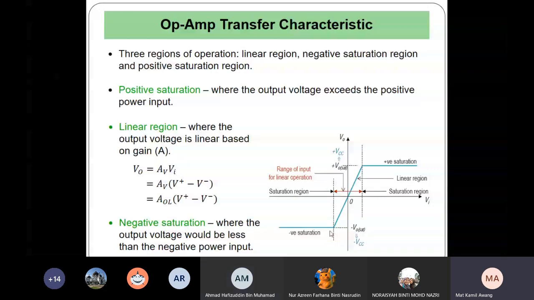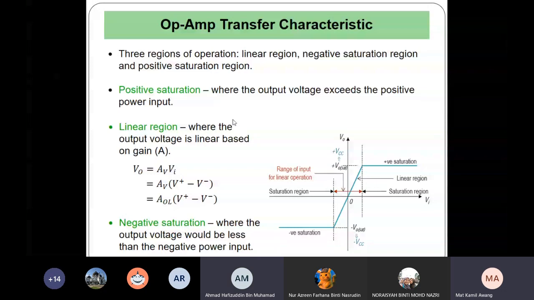Then you have the negative saturation region, and the positive saturation region. Positive saturation is where the output voltage exceeds the positive power input. The negative saturation is where the output is less than the negative power input.